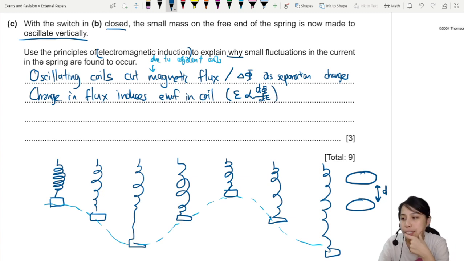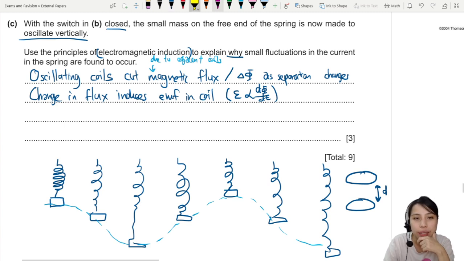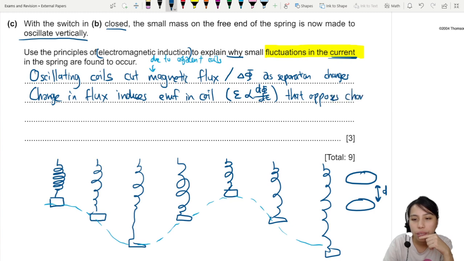So the next thing is, we'll talk about the current, because they ask at the end of the day, why are there fluctuations in current? So if EMF is induced, it's going to oppose. So change in flux induces EMF in the coil that opposes change. So it will oppose whatever is changing.